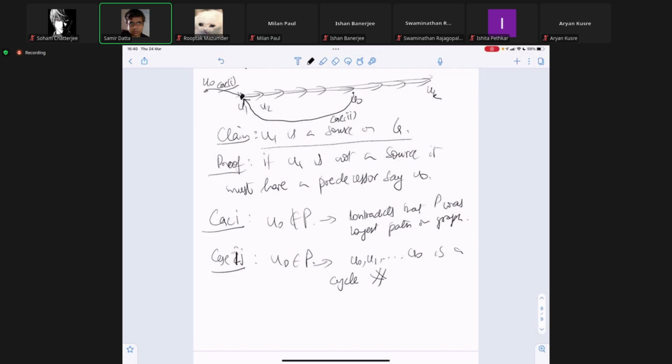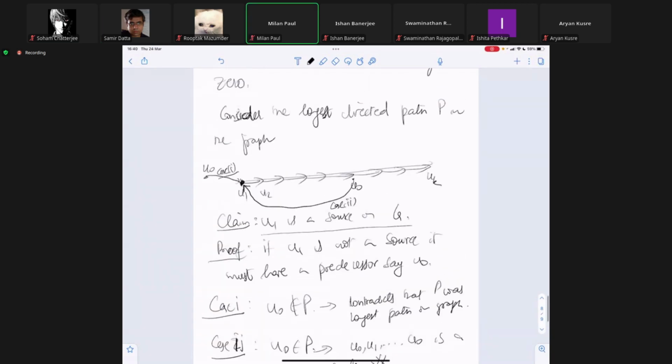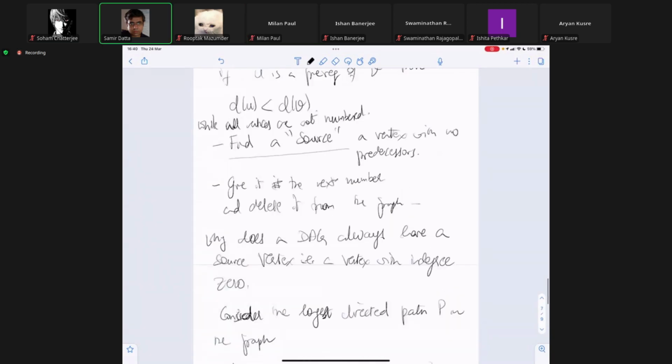So it's a rephrasing of the same argument in another way. Do you agree? Do people agree with me? Yes. So we can find a source in the graph with no predecessors, give it the next number and delete it from the graph.